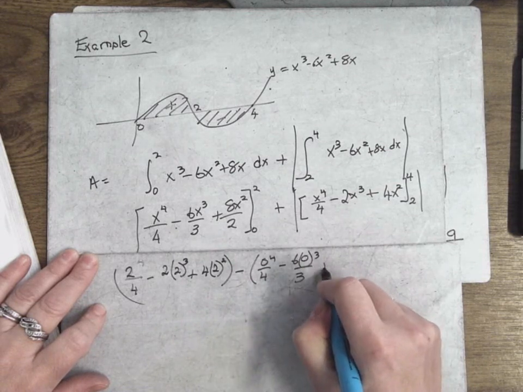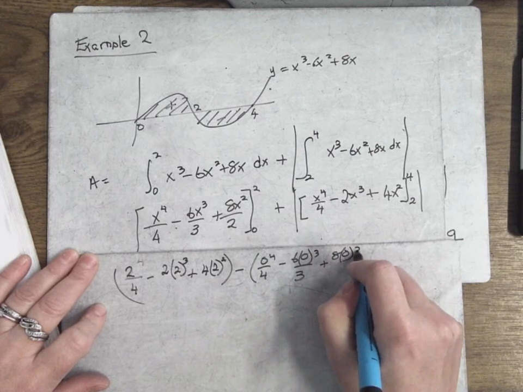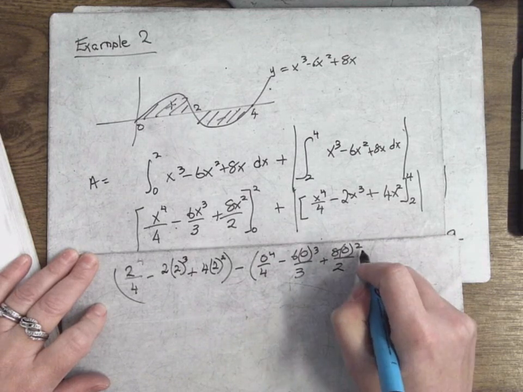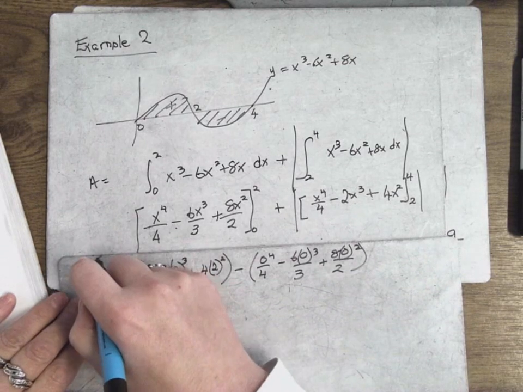I know this turns out to be 0, but fill it in anyway, girls, and let whoever's correcting it see that you know what you're at. Okay, so that's the first bit.